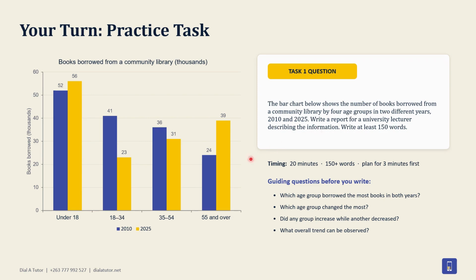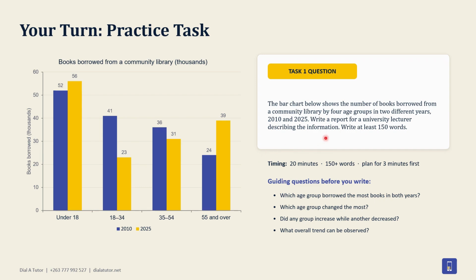And then in blue, you've got 2010, in yellow, 2025. So it's just comparing the number of books perhaps taken by the under 18s in 2010 and in 2025, the number of books borrowed by the age group 18 to 34 in 2010 and in 2025.